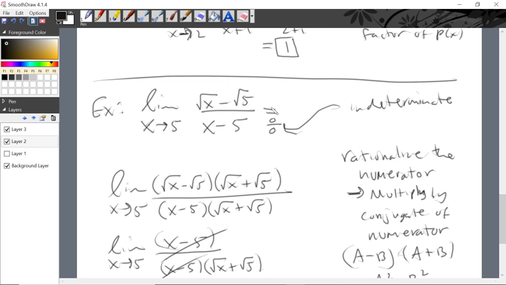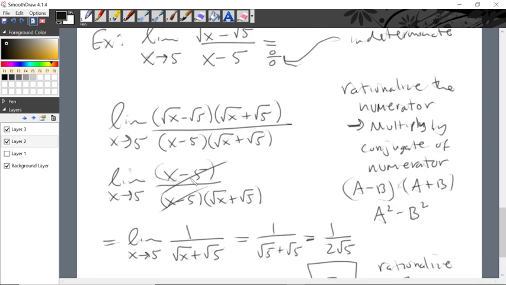And rationalizing, multiplying both the top and the bottom by the conjugate of the numerator, gave us a polynomial, without changing the value of the fraction. We multiply the top and the bottom of the fraction by the same quantity, so the fraction itself is still the same quotient. But we've transformed it so the numerator is now polynomial. And notice that that then allowed us to cancel a factor at that point.